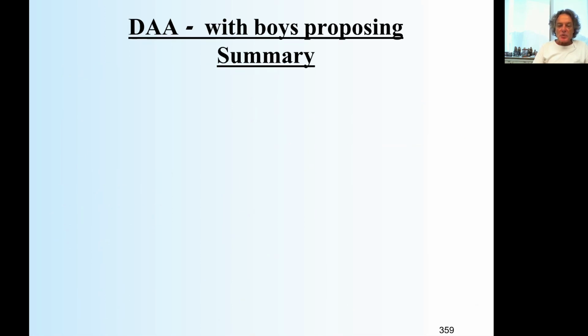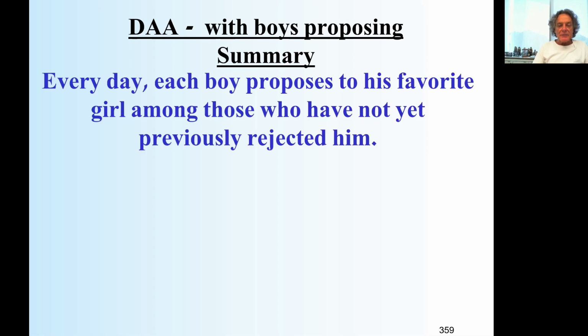DAA with boy proposing, summary. Every day, each boy proposes to his favorite girl among those who have not yet previously rejected him. This is the algorithm I told you, now written.